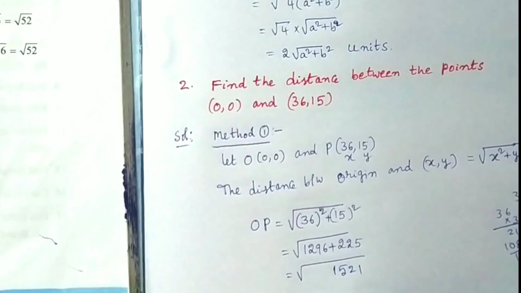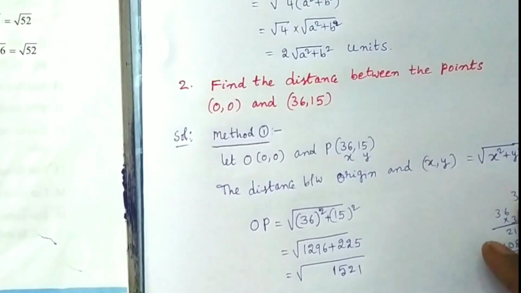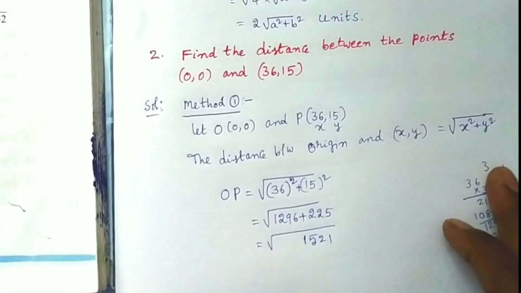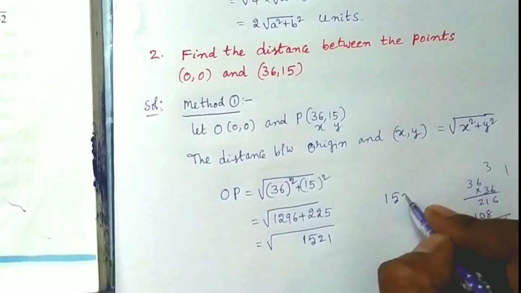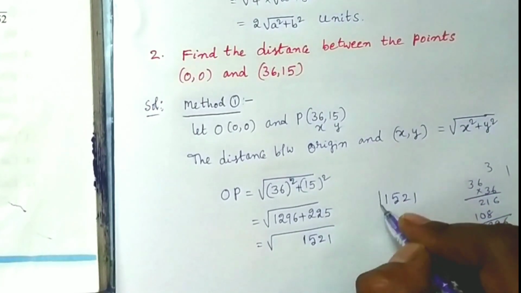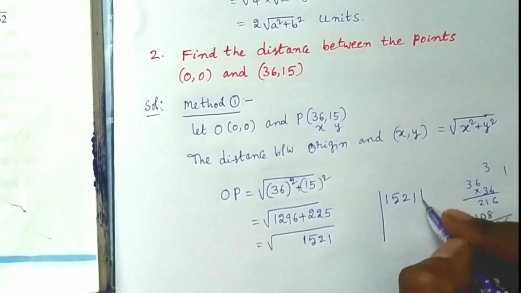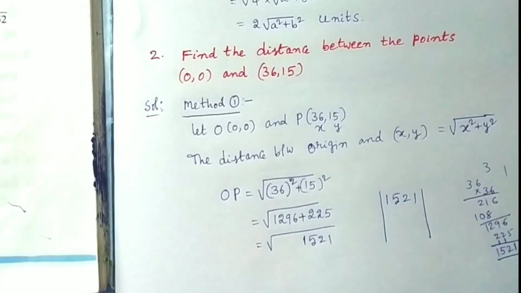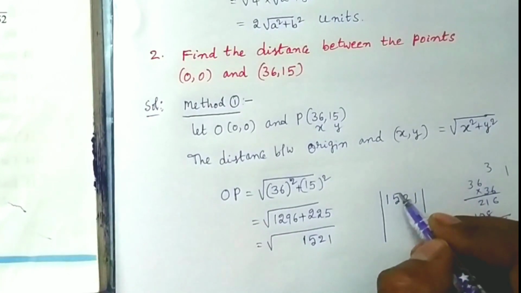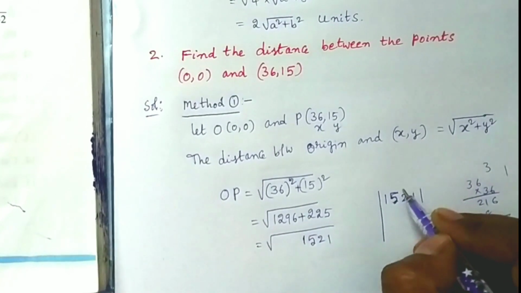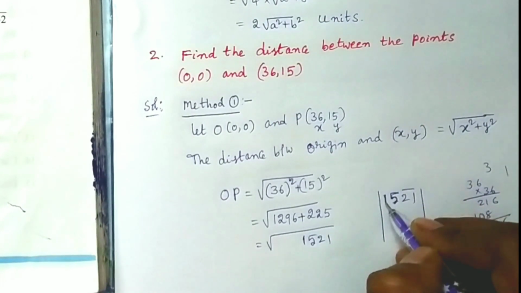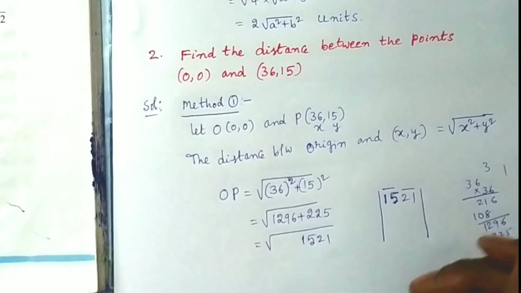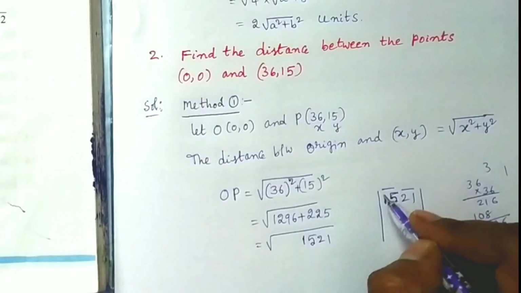So now we have to find square root of 1521 value. Now by using division method, I will find the value of 1521. By division method, from last two digits take a bar, continue like this, and the next two digits from last take a bar.